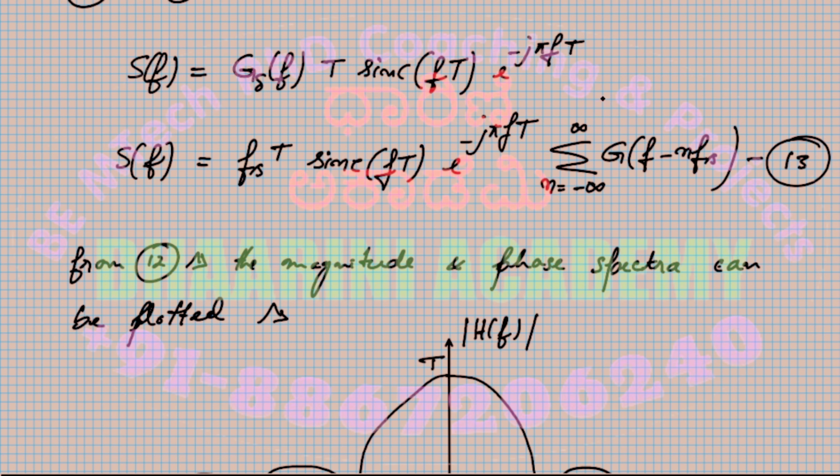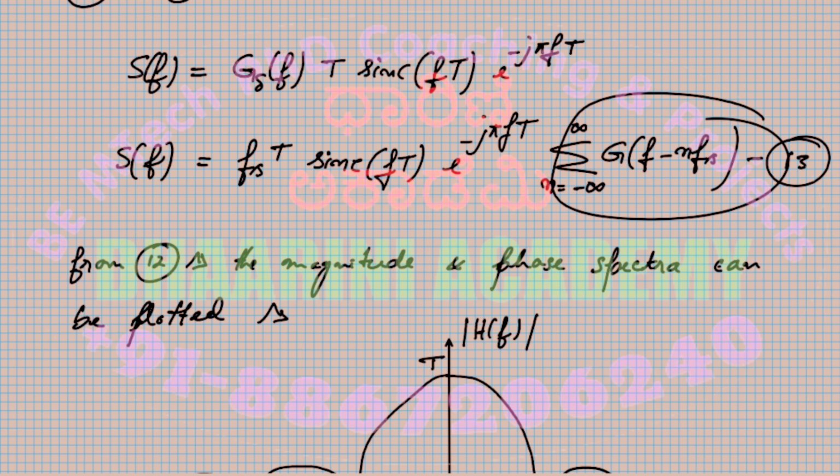So my G of f minus n fs, located at different positions, get multiplied by this, which means there is a low pass filtering action taking place automatically by this. So that's my point.